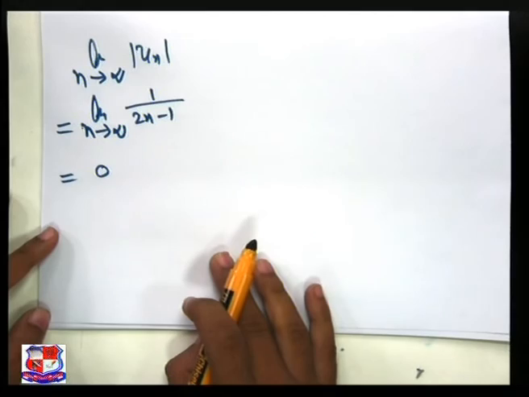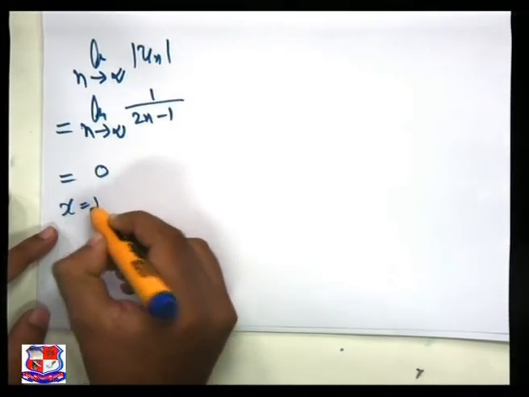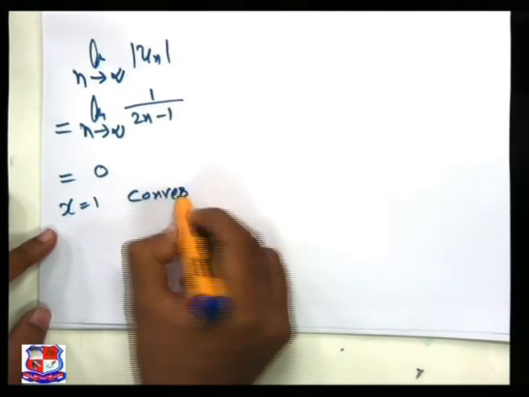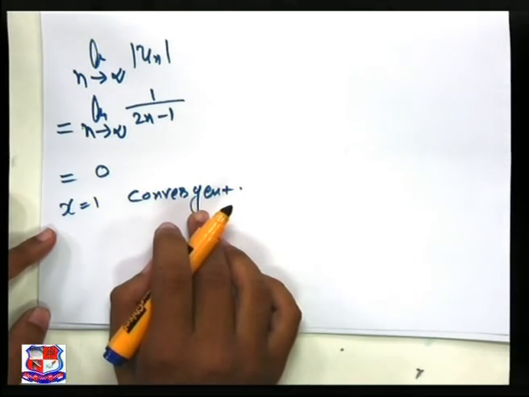Now both the conditions are satisfied, that's why for x is equal to 1, the series is convergent. The given series is convergent, right.